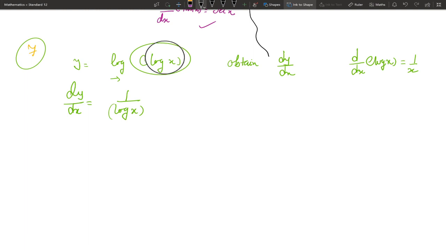So by chain rule we have to differentiate log x. Now this is as it is, log x, d by dx of log x is 1 upon x. So the answer is 1 upon x log x. And you note that when the base is not mentioned, we always consider the base as e.